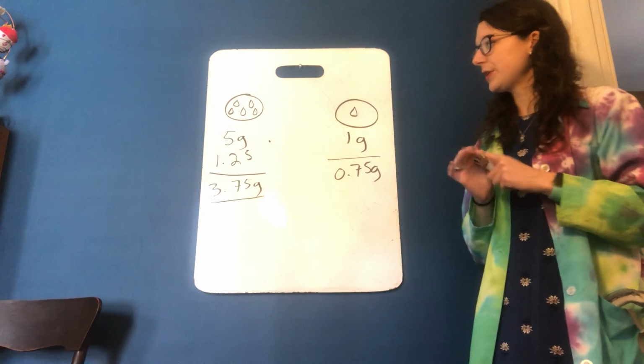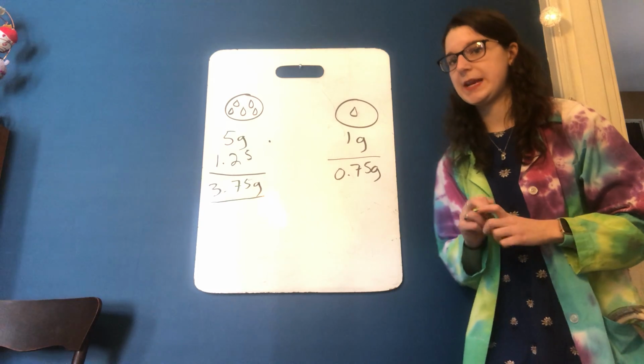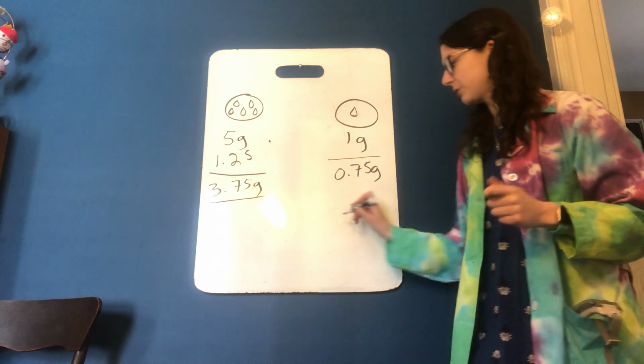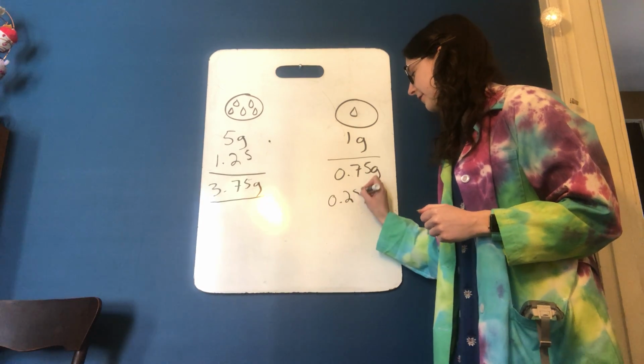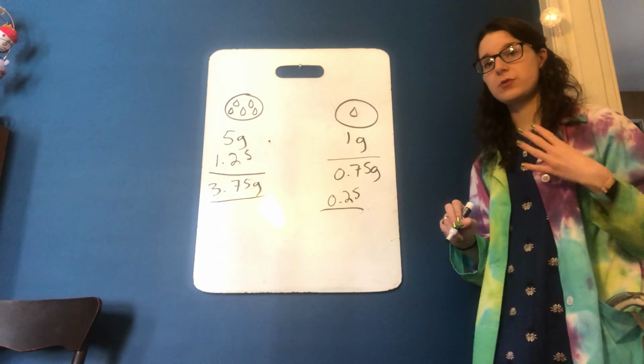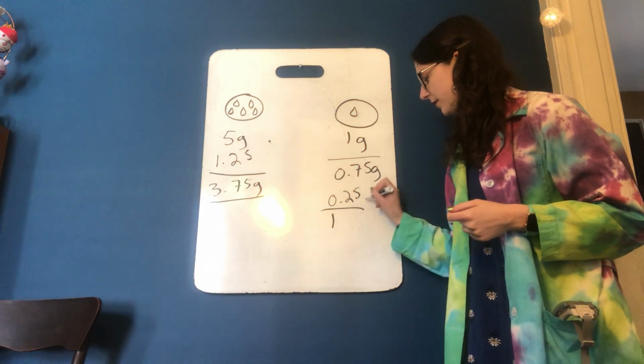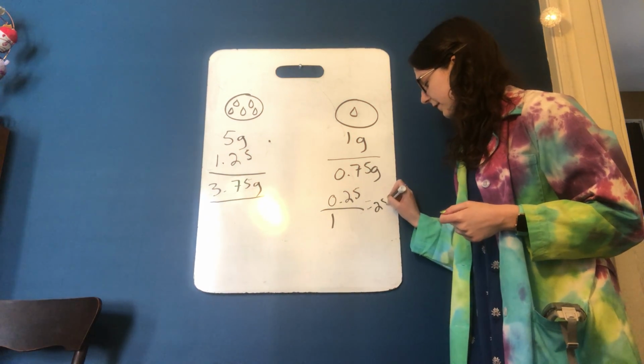Okay? So to find the percent of water, remember we're taking part over whole. I'm taking the mass of water, which was 0.25, divided by the total, or the whole, which is the kernel mass, which is 1, and that equals 25%.